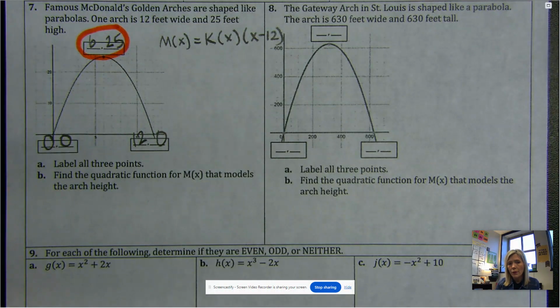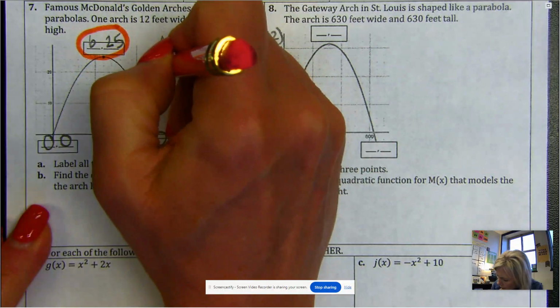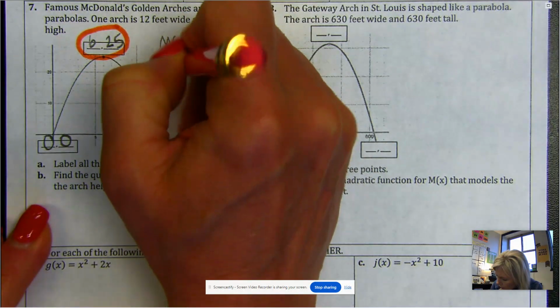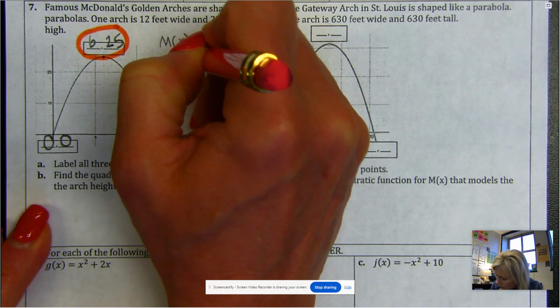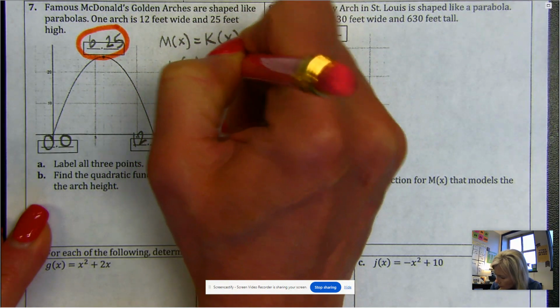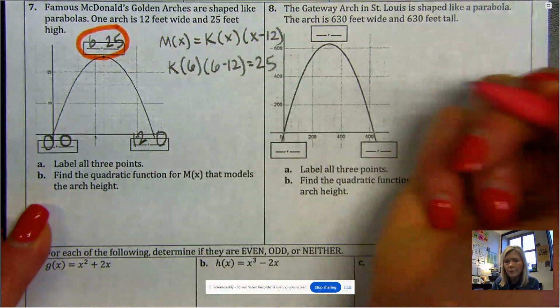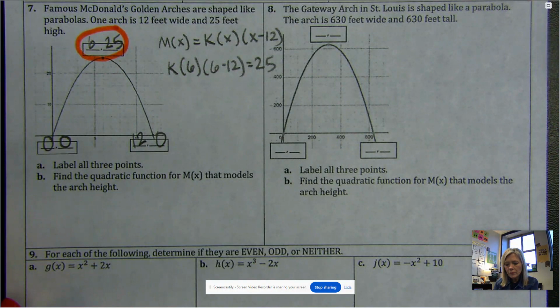Okay? And then I'm going to use this because I know when x is 6, the answer is supposed to be 25. So if I take my expression here and replace the x's with 6, the answer is supposed to be 25. Okay. And so, my calculator.